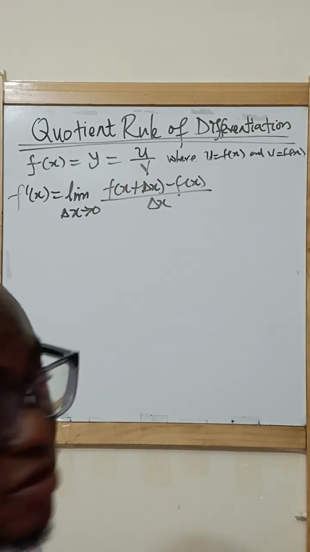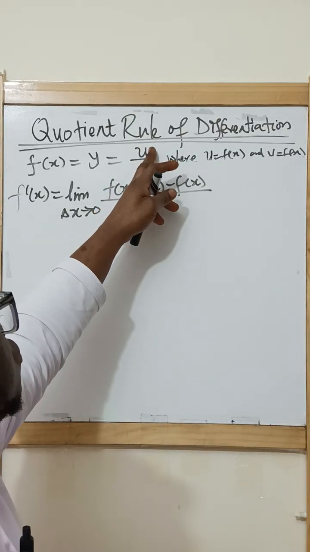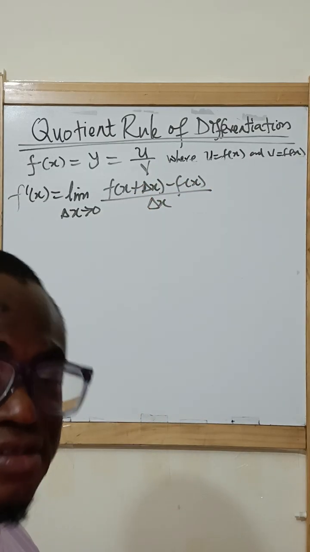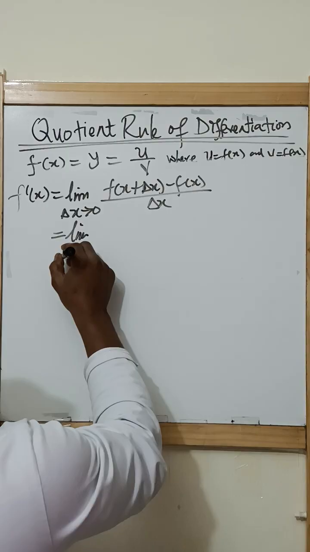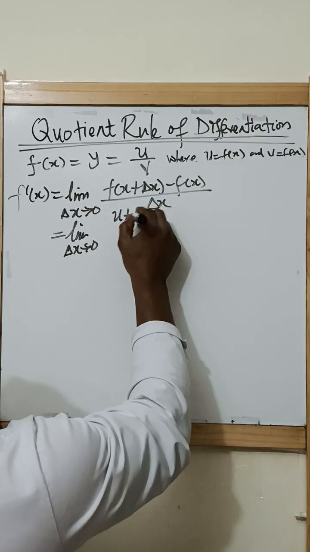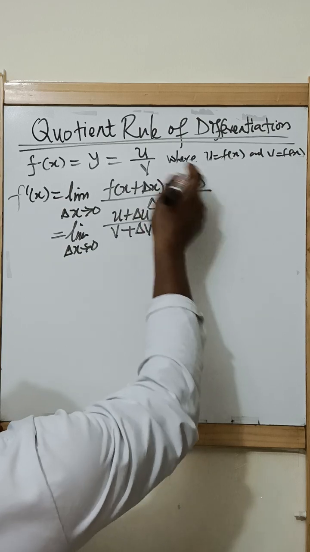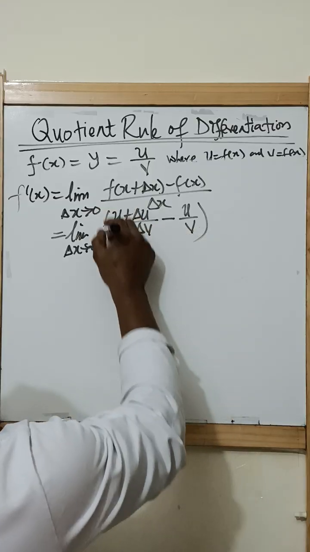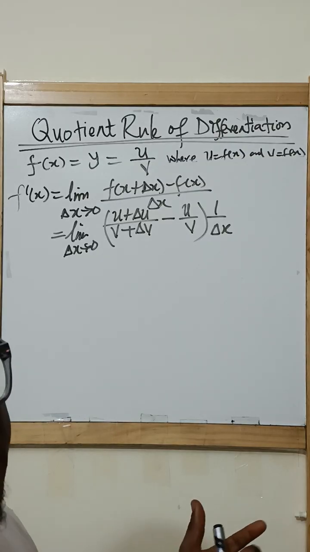Just as we did for the product rule, we add the delta u to u and the delta v to v to get f of x plus delta x. So that will be the limiting value as delta x tends to 0 of u plus delta u over v plus delta v minus f of x, which is u all over v. Let us put the delta x as 1 all over delta x.